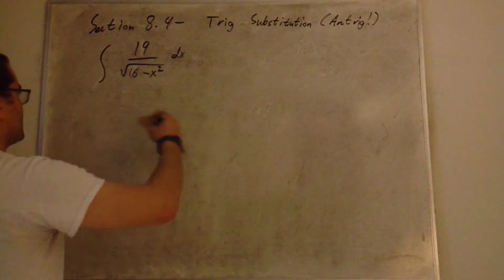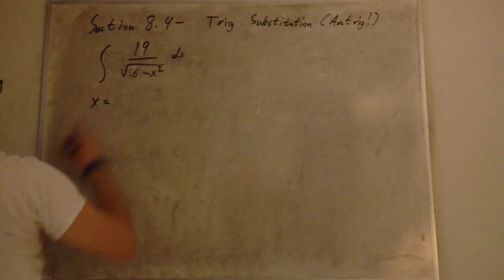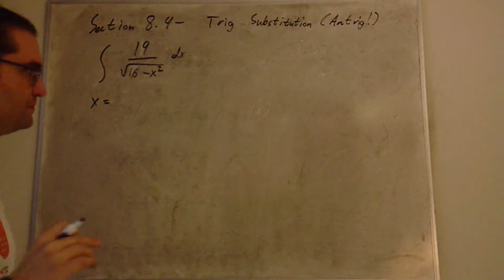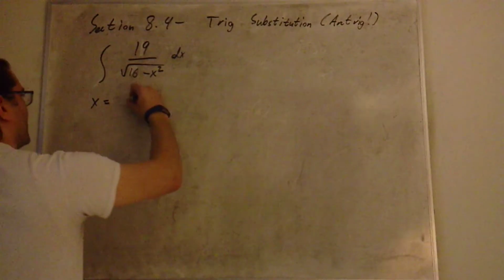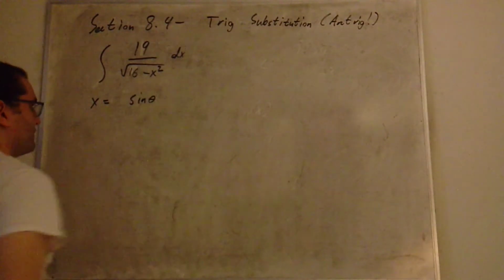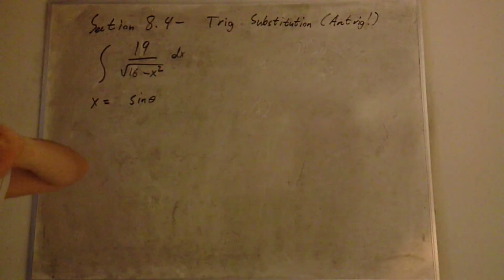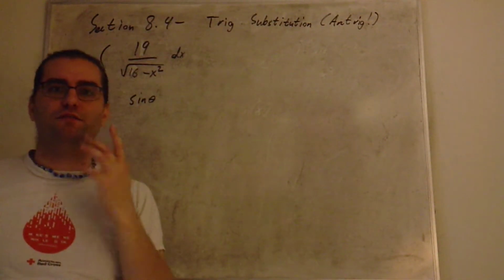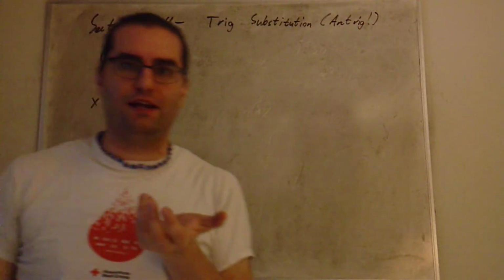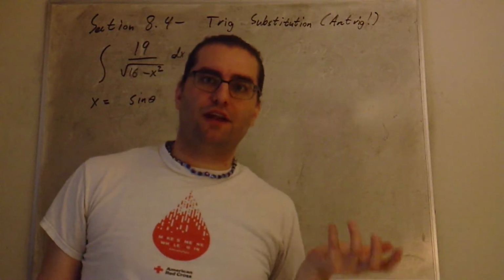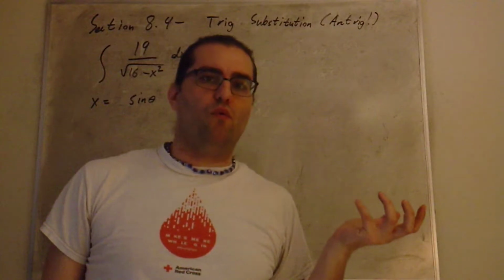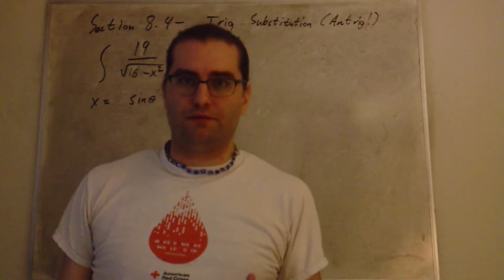So we're going to do trig substitution again. Here's what's going to be different about this one. If I set x equal to the sine of theta, then this on the inside will be 16 minus the sine of theta squared. 16 minus sine squared is not the Pythagorean identity. The Pythagorean identity is 1 minus the sine squared.